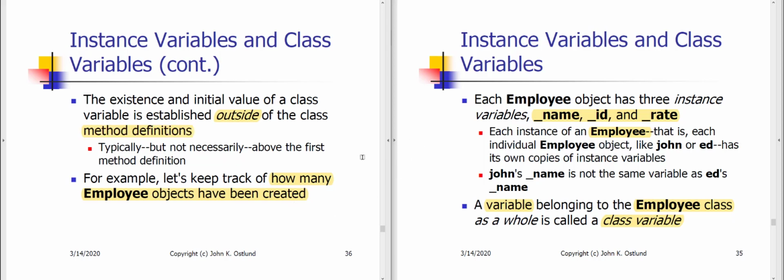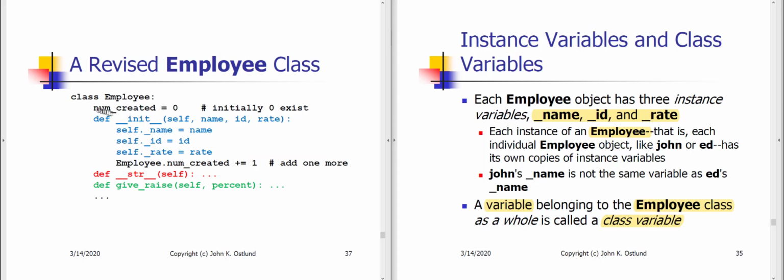So here's how that looks. Here we have got, and notice that this is outside of dunder init or dunder str or give raise, this variable num_created initialized to 0. That variable belongs to the class as a whole, not to any particular instance of the employee, not to any particular employee object. All right. So num_created is initially 0 when we import this module containing our employee class.